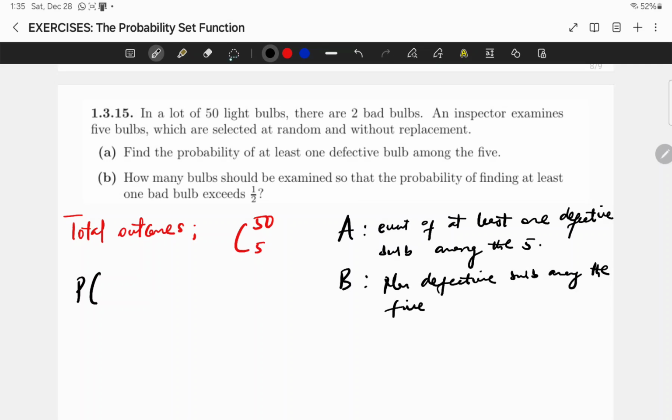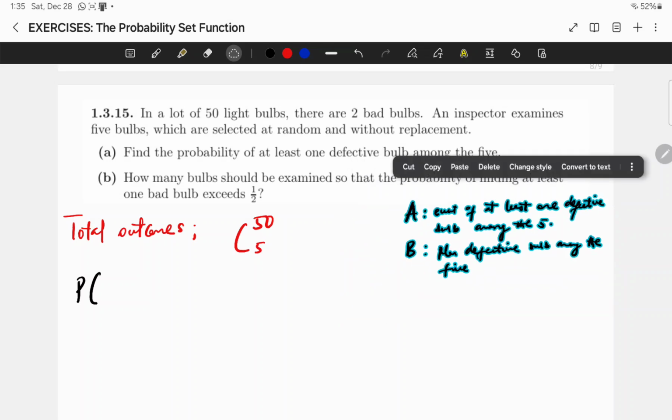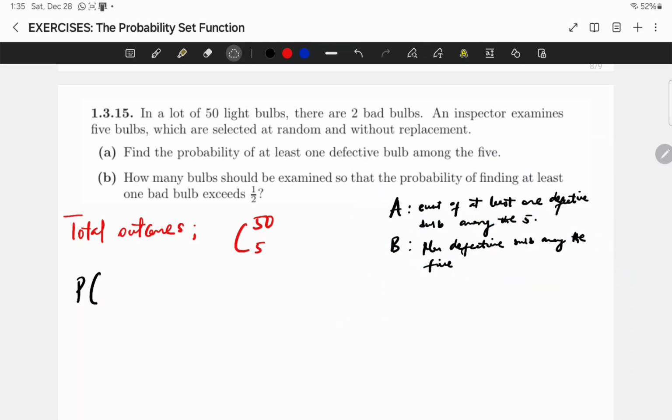So with that, the probability of A, the probability of at least one defective bulb among the 5, we can easily compute by the complementary. That will be 1 minus the probability that there is none defective.